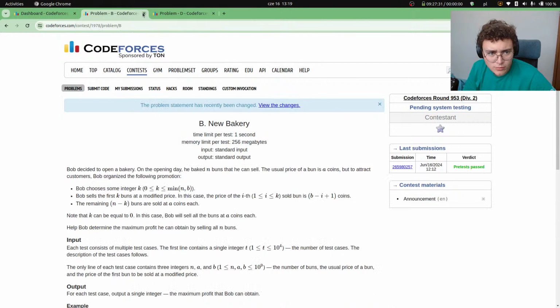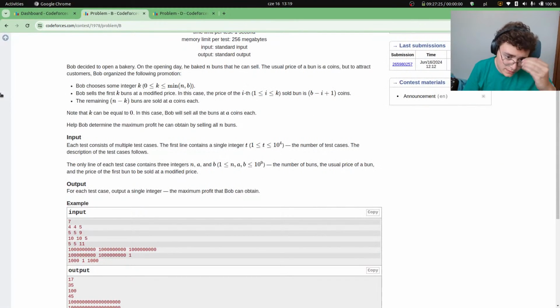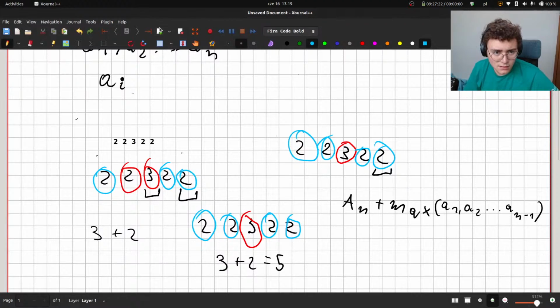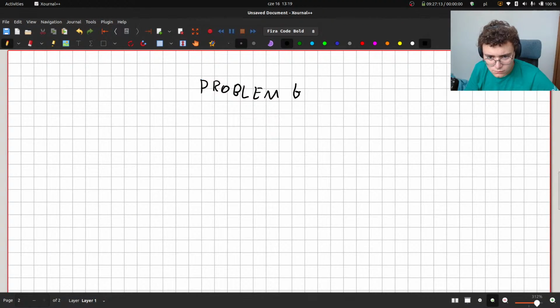So now to problem B. In this problem, some guy is selling n buns, and in the beginning he's selling all those buns for a, right?